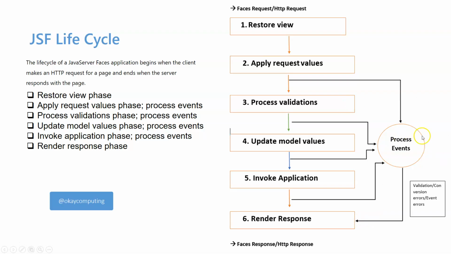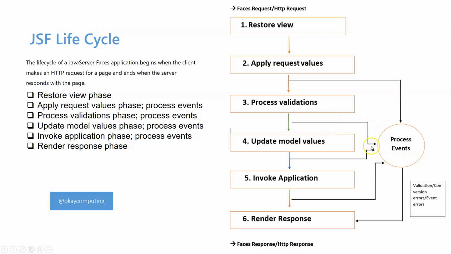What this process events step does is that after executing each phase, there are events which get executed behind the scenes, and in case of any failures it returns those values to the screen. For example, here we have used converters. In case there is a failure, for example you have used convert number but your string is holding alphanumeric values, then JSF will come up with an error message.